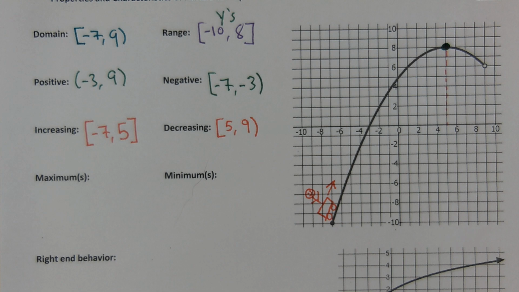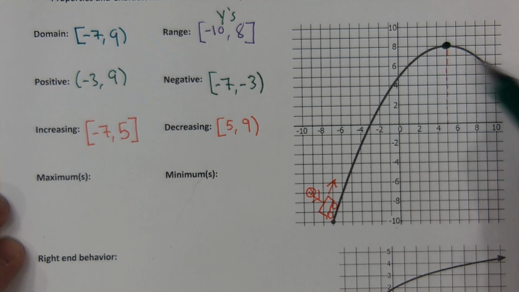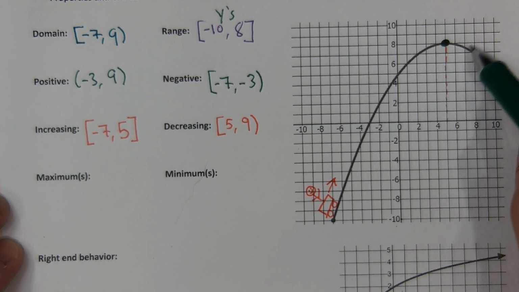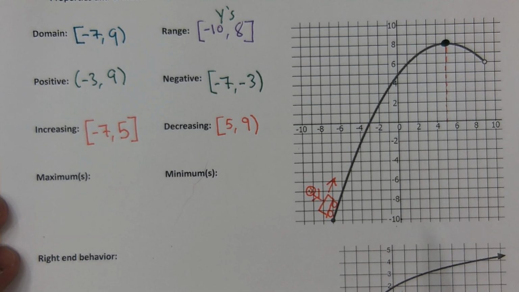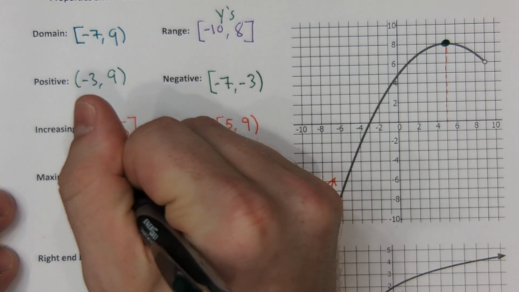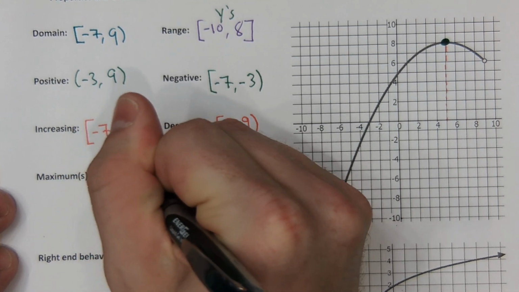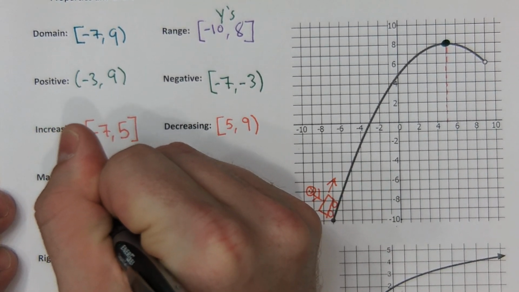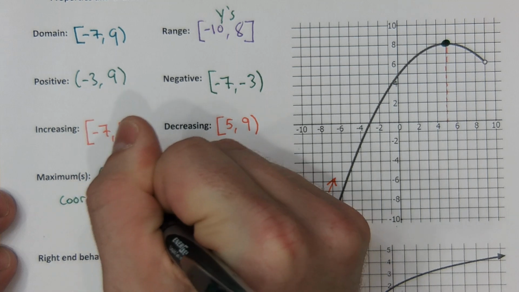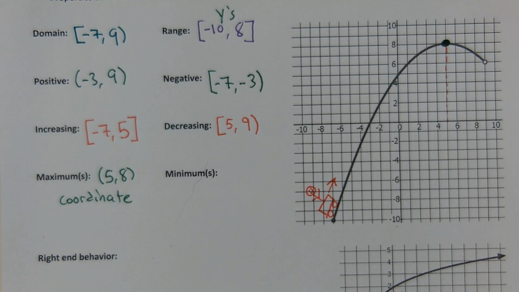It didn't come up very well in the video. But anyway, that's green. That point right there is a place where we stop increasing, start decreasing, and locally it is the highest point. So we would call this a maximum at (5, 8). This is a coordinate, not an interval. This is an x, y. This is not a span of x values. It's literally this point in space.